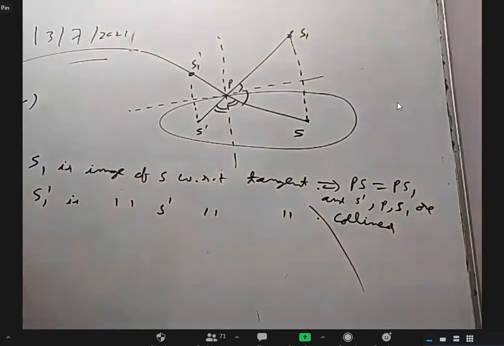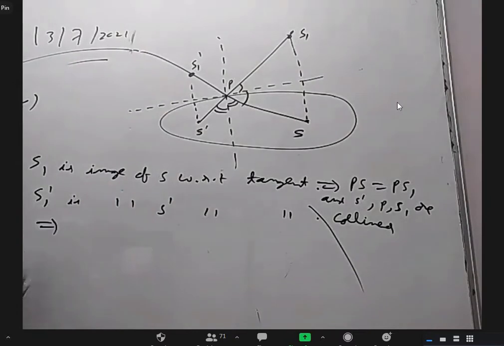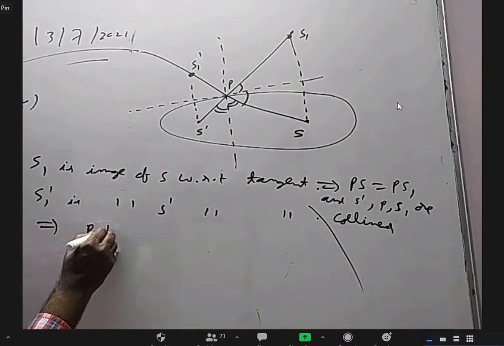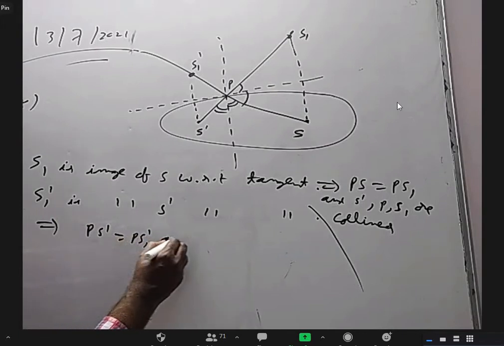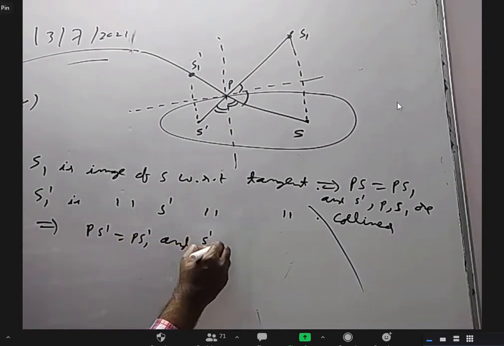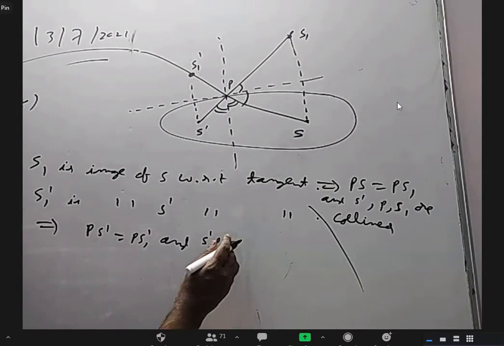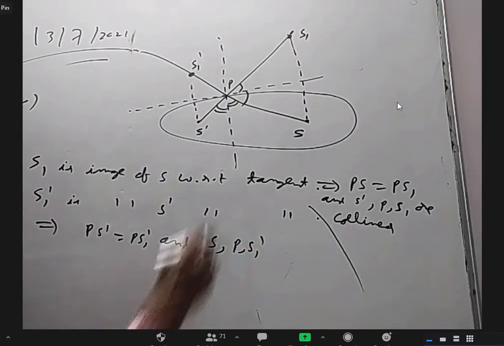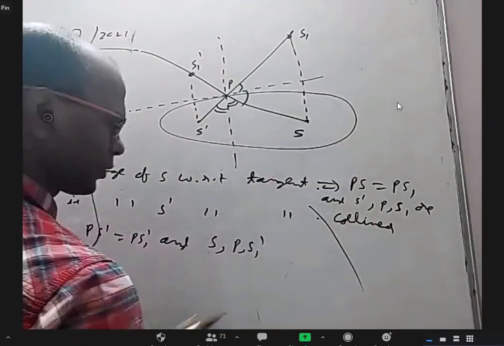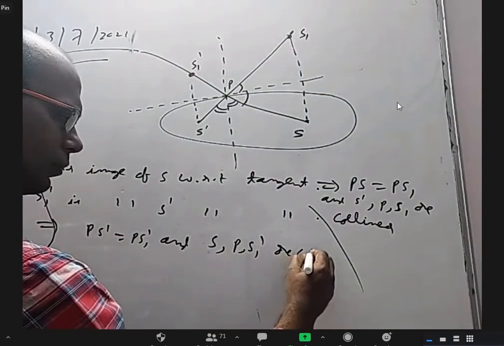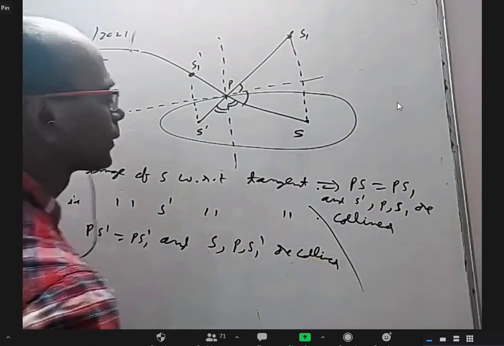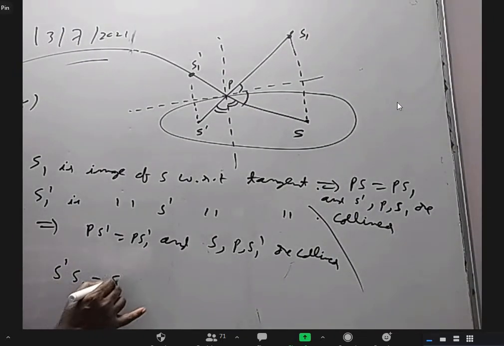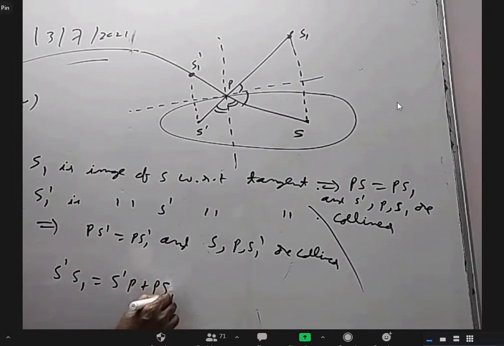Similarly, for this, you can write: this implies PS dash is equal to PS1 dash, and S, P, S1 dash are collinear. This is S dash, P, S1. Okay, or collinear. And S dash S1 is S dash P plus PS1.